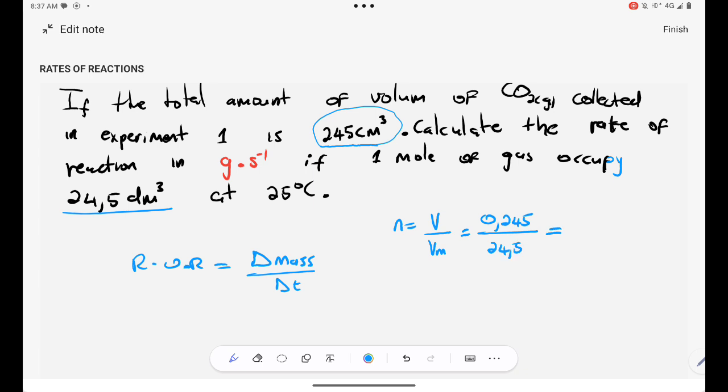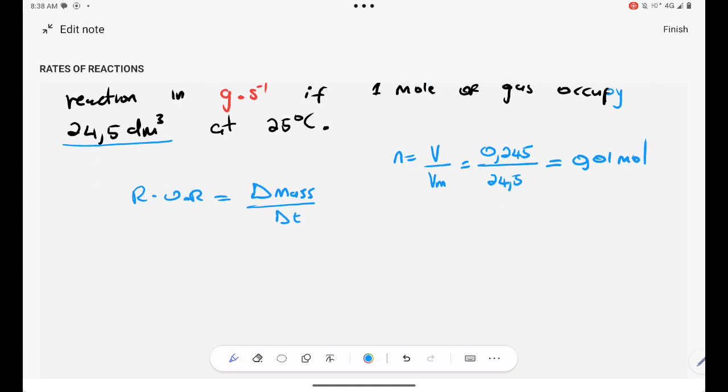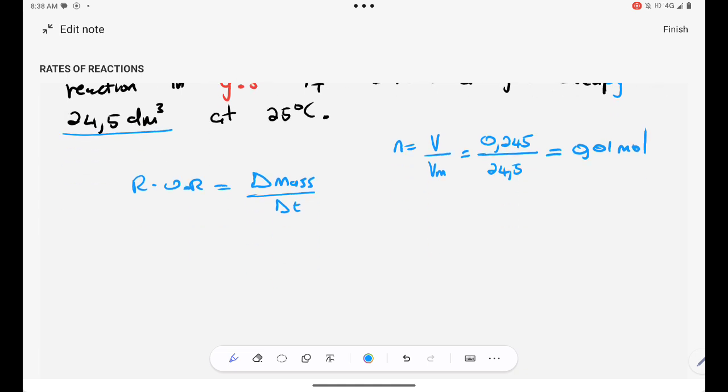And then this should give me the number of moles of my carbon dioxide that were formed. 0.245 divided by 24.5 will simply give me 0.01 moles. So the number of moles for my carbon dioxide is 0.01.